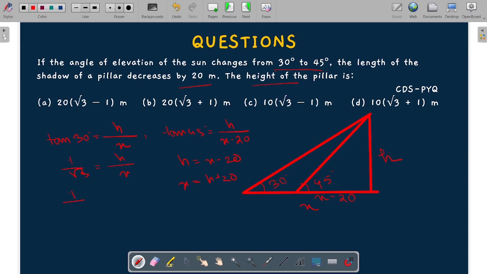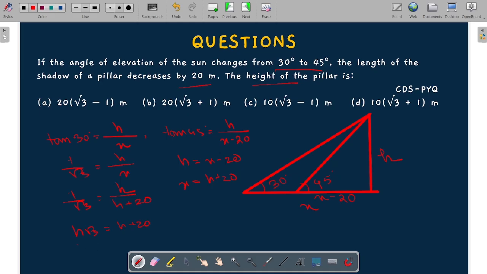Here we substitute the value of x, so h plus 20. This will be cross multiplication: h root 3 equals h plus 20.